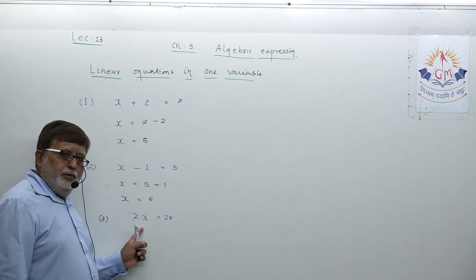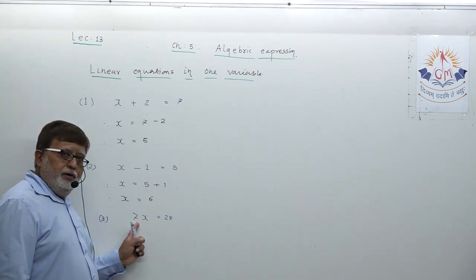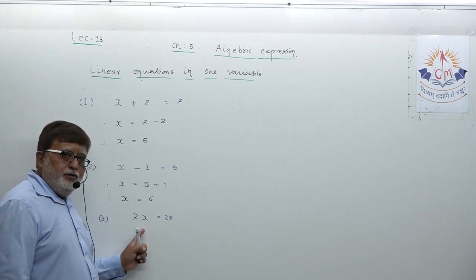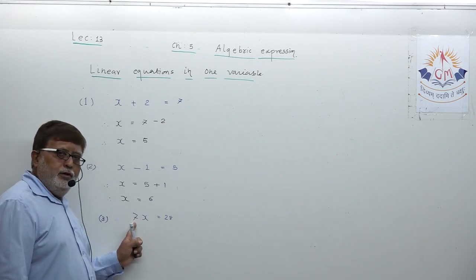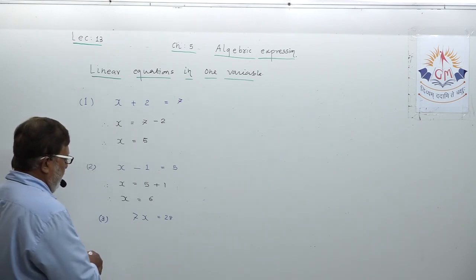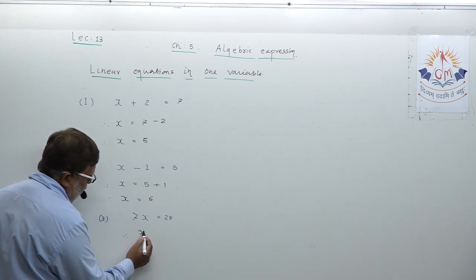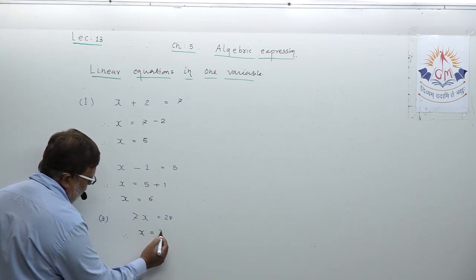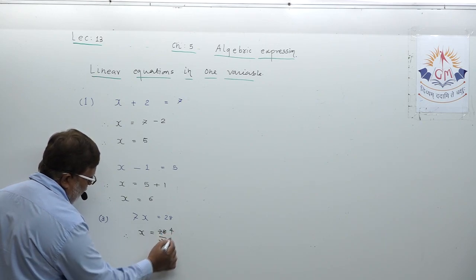Here there is no plus or minus sign, but 7 is in multiplication with x. So if you want to find x, what will you do? You transfer this number to this side. So dear student, therefore x equal to 28 upon 7. 7 4s are 28.